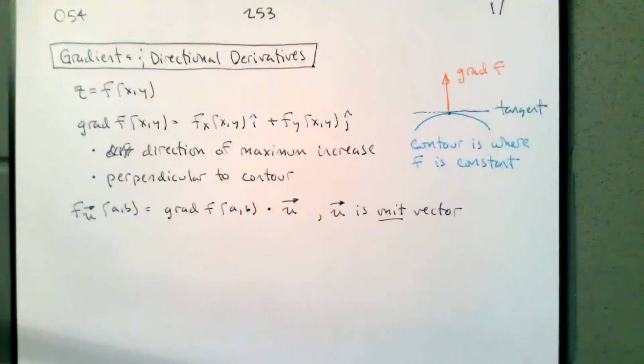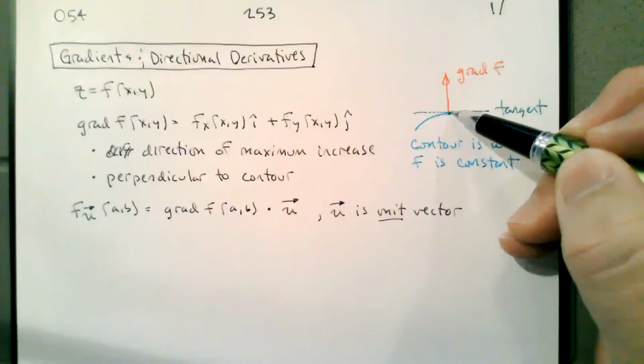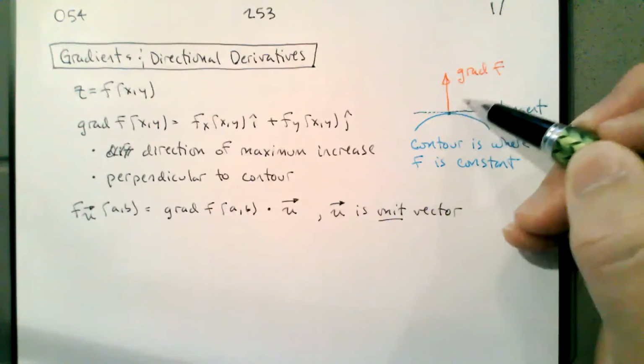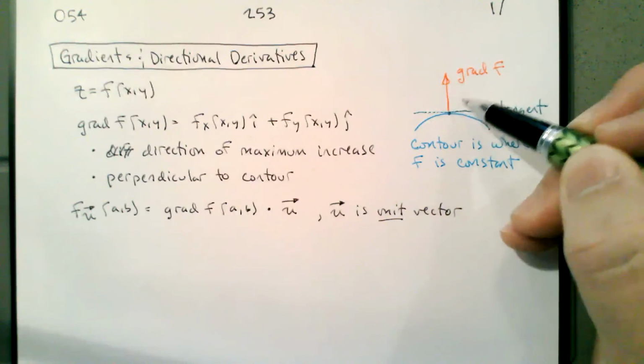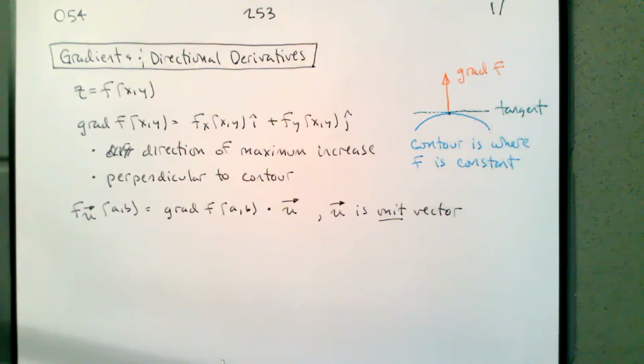This makes sense because we're making the directional derivative, the dot product of the gradient and a unit vector in the direction that we might care about. So the unit vector can be anywhere. If we have a unit vector going in this direction, how is the function changing in this direction? Take a look at how we're calculating this directional derivative.